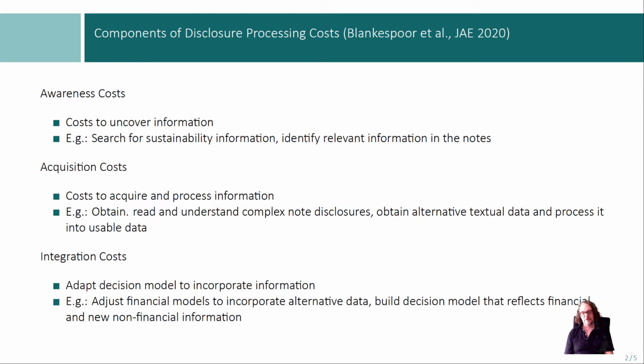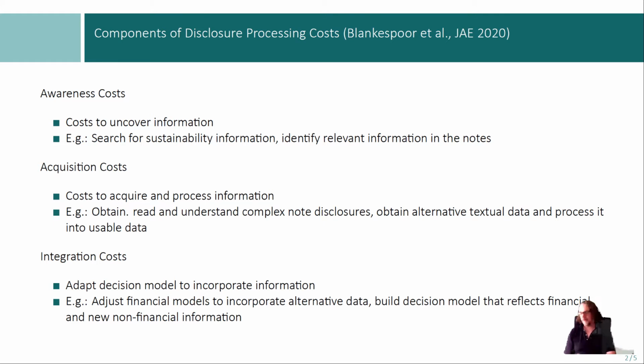Whoever uses disclosure needs to understand this disclosure, and here I think these three different levels come in very handy. Awareness costs are the costs related to actually becoming aware that this information exists. When you think about your undergrad studies, when you did your accounting classes, you can think about this as an investment so that you can become aware that something like accounting information actually exists.